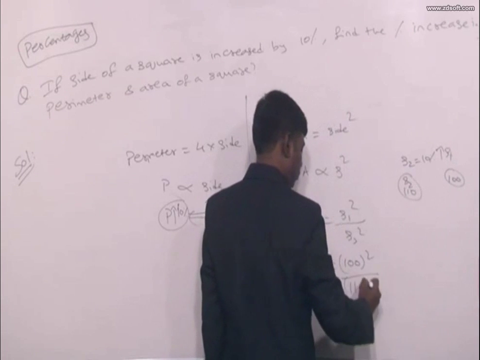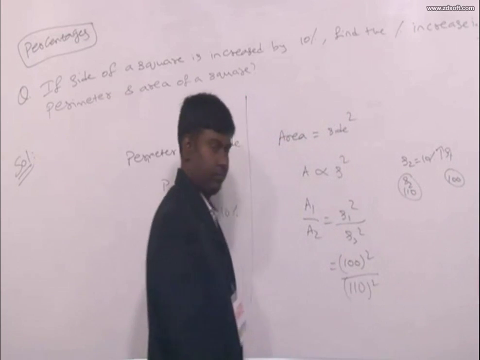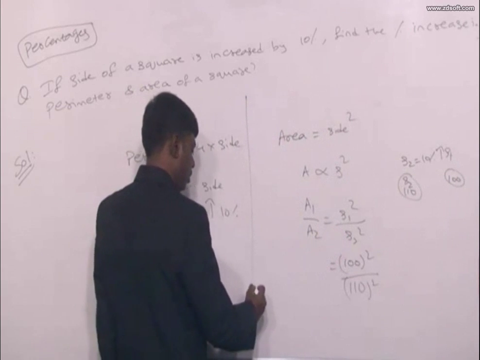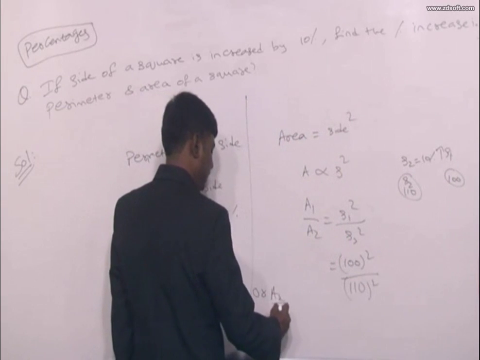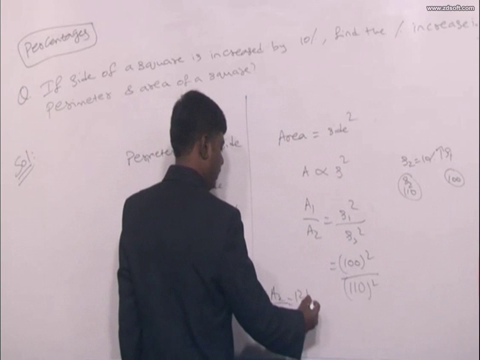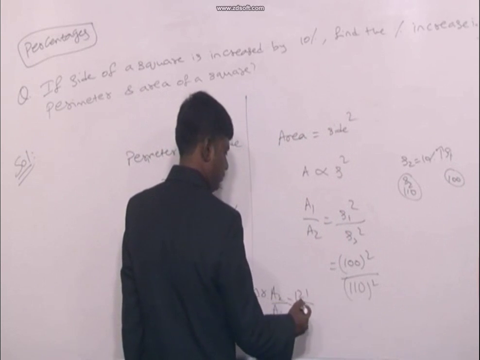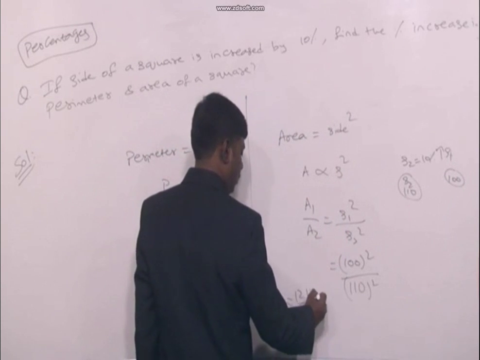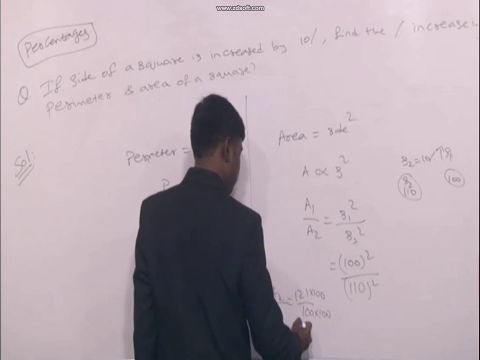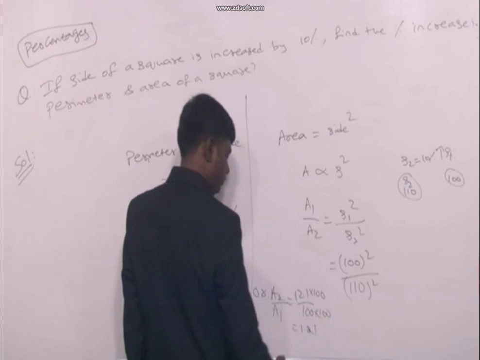Okay, 110 whole square, or A2 by A1 is 121 into 100 by 100 into 100, that is 1.21.